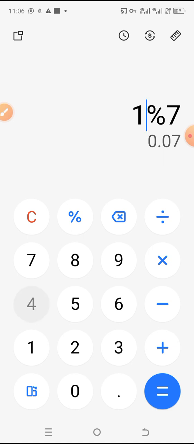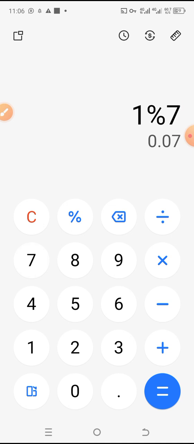But assuming you double it and you put it to $14, sorry, that's a mistake. 1% of $14, you'll be getting 0.14 instead of 0.07. You'll be getting 0.14 because you doubled the beginning.